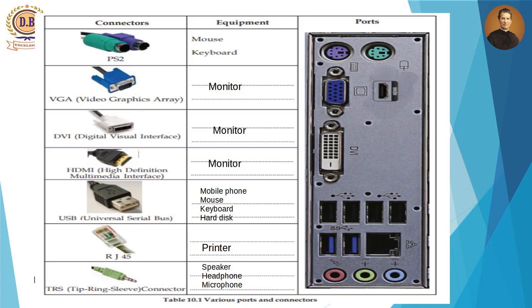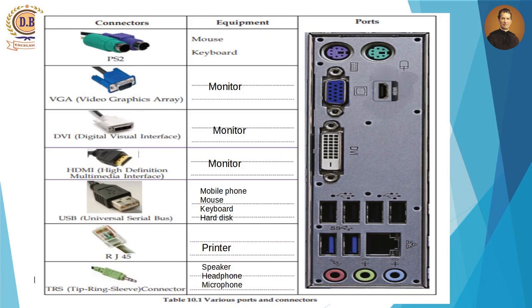Then USB, that you all know. USB, Universal Serial Bus, that we can connect to the keyboard, mouse, and scanner also maybe. You can see the corresponding USB. Then the next one is RJ45. Mainly RJ45 is used for connecting UTP cable to the computer.